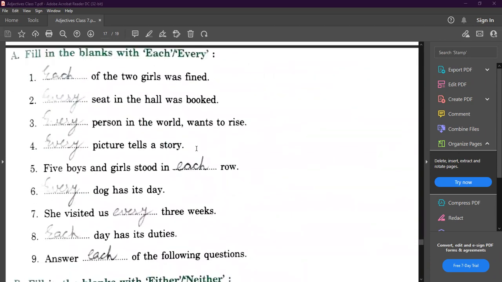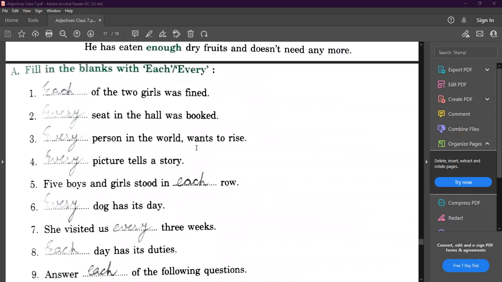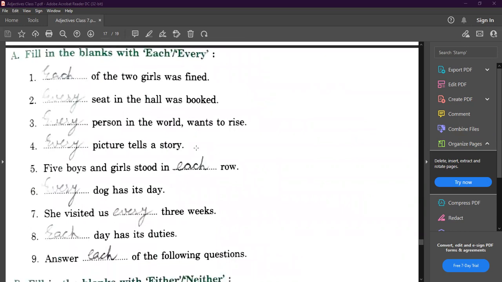We'll fill in the blanks, each and every. Each of the two girls was fine. Each and every. Now each of the two girls was fine. दोनों को fine लगा है, अलग अलग दोनों को fine लगा है, दोनों को एक साथ नहीं लगा है fine, है ना?